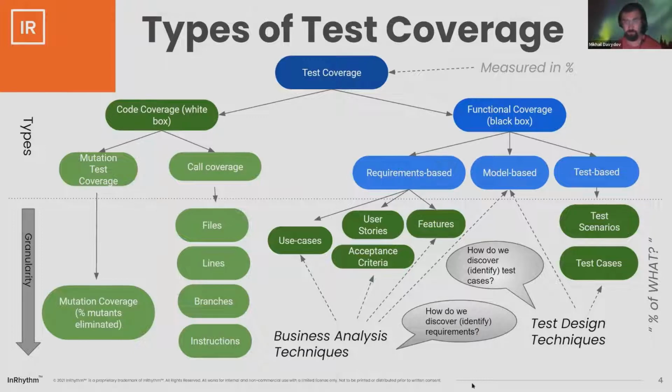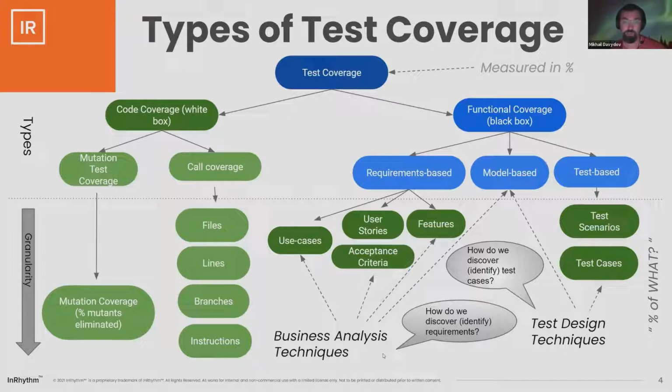One type of this coverage is to understand how well functional requirements are covered with tests. And it depends on how we approach writing those requirements. It can be use cases, it can be user stories with acceptance criteria, it can be features. Then we can have something like a coverage matrix where, for each identified requirement, we say if we do have enough tests or we don't, and measure the percentage.